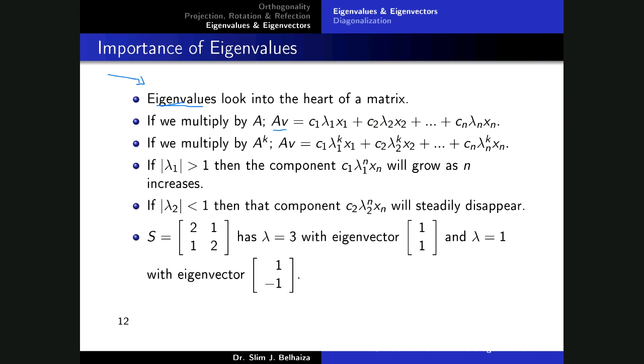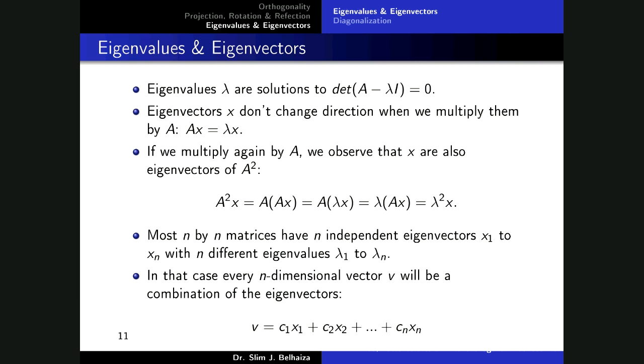Why is that happening? Because you just said that A could be summarized as AX equals lambda X. So if you multiply A by V, you just happen to obtain again the occurrence of C multiplying lambda X. Okay?